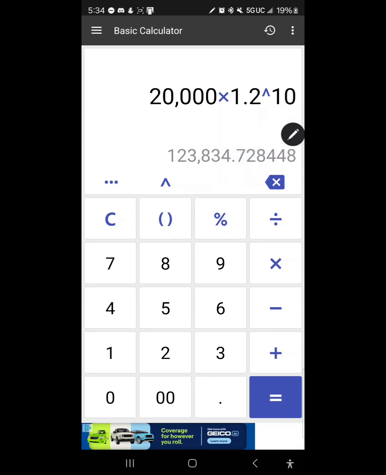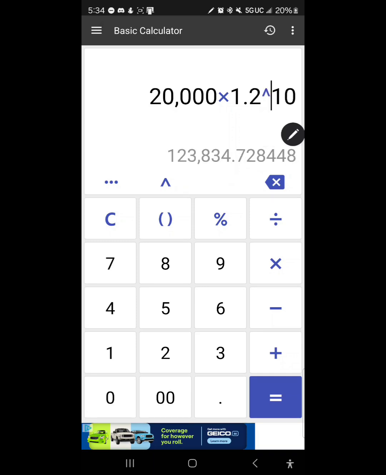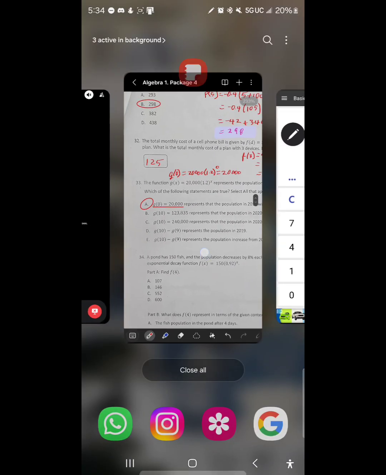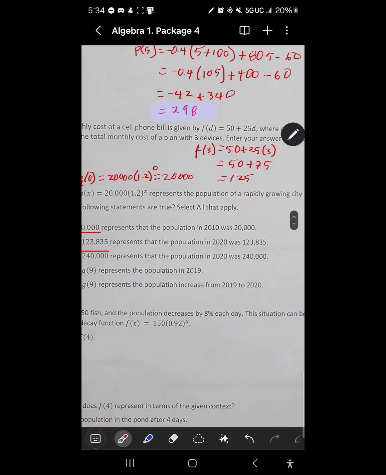And also every time we're talking about persons or cars or something like that, we always take one more. So this is 123,835. So this is true.